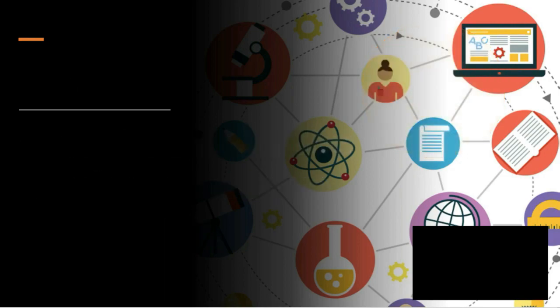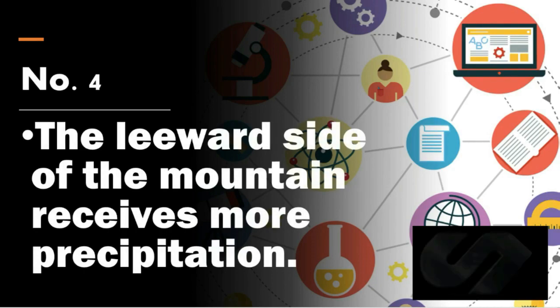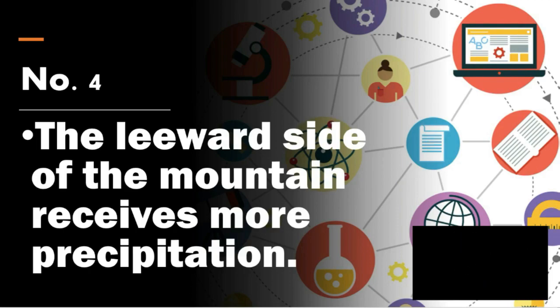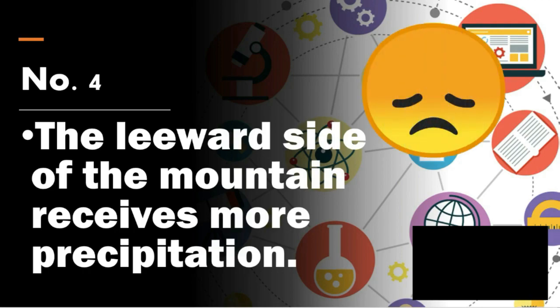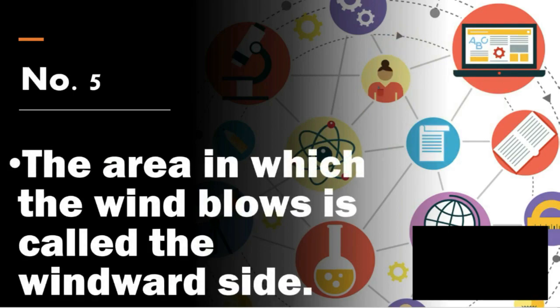Number 4. The leeward side of the mountain receives more precipitation. The timer starts now. Time's up. The answer is sad emoji. And the last number, number 5, the area in which the wind blows is called the windward side.